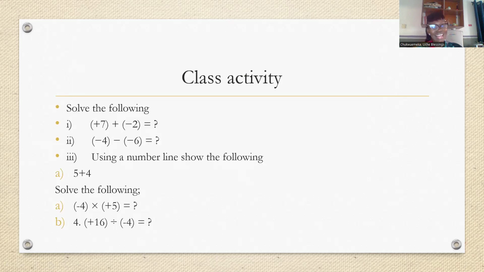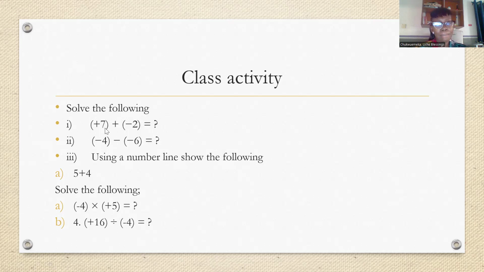We have our class activity here. I want you to solve the following to show me you've been following all this while. Very simple. You have a few minutes to do this. Let me see it in the chat box, or on this number line you can show a pictorial example of it. Draw your number line. You can turn on your video and let me see your work.